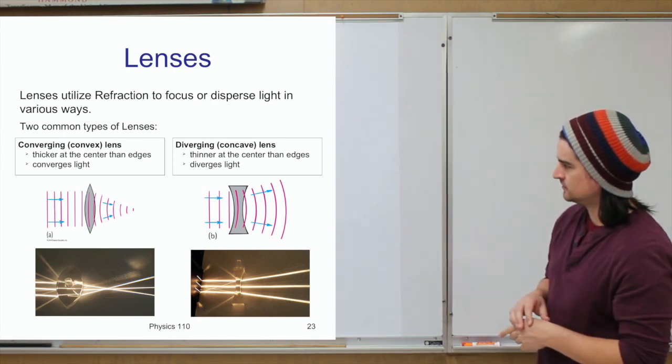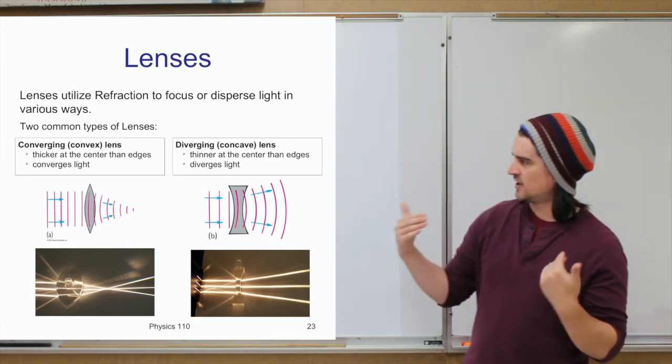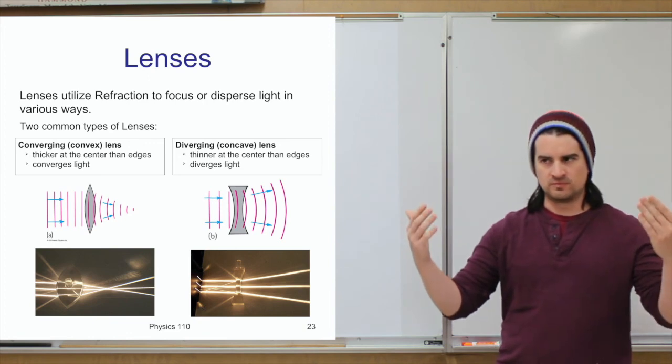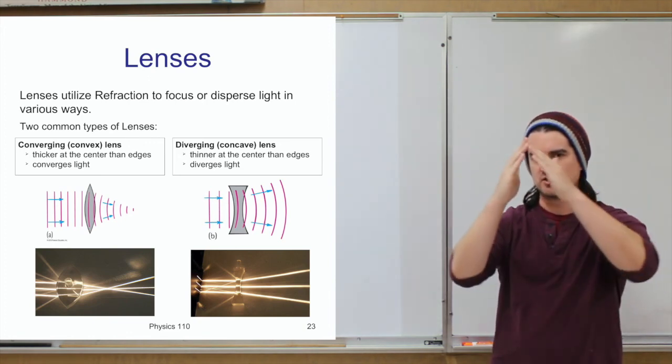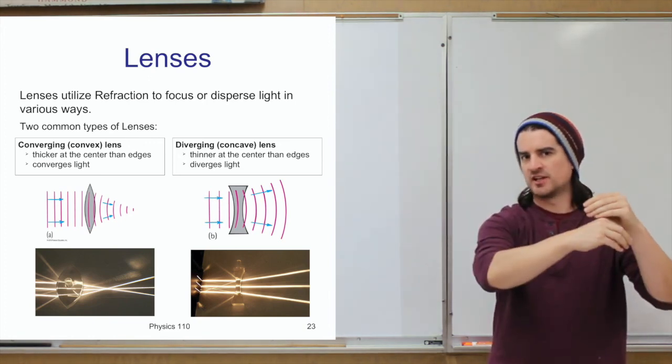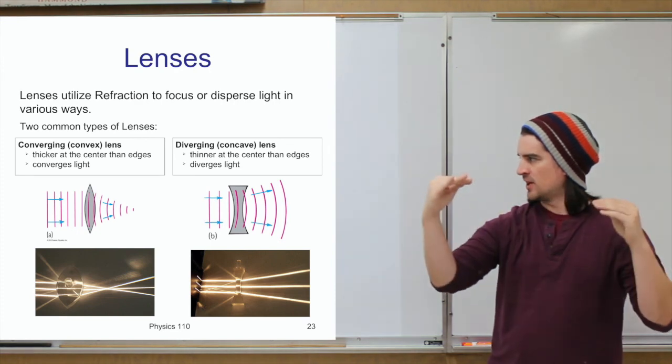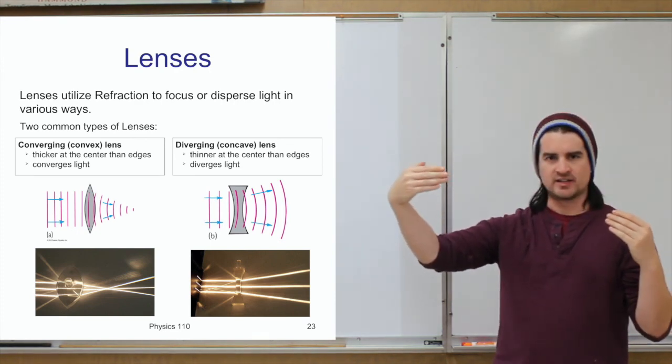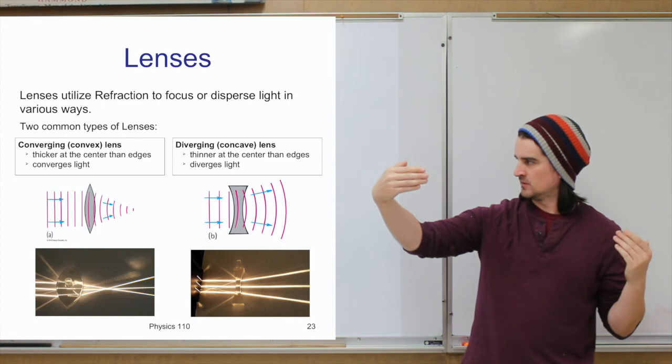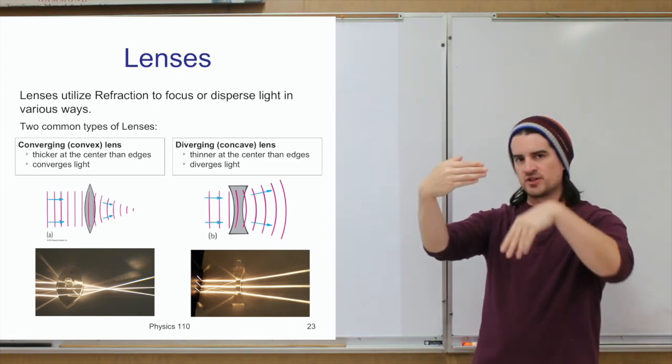And you can imagine why the shape of the converging lens is such that it will focus light. Again, just imagine light is coming in like a car, right? It has two wheels on either side.